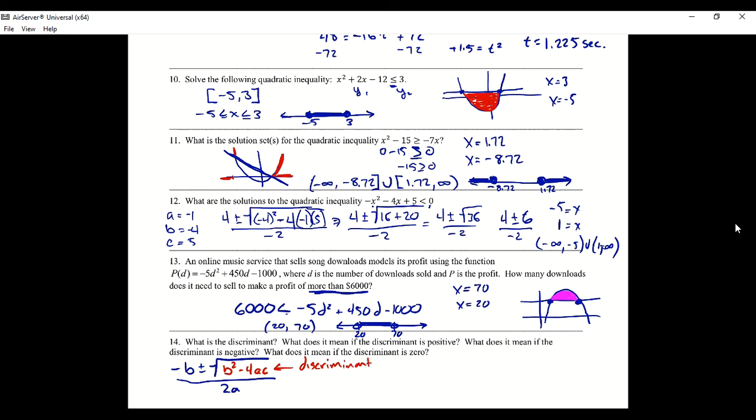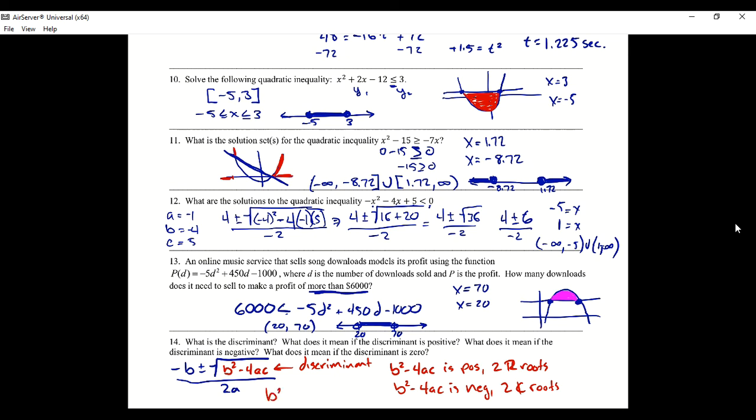And what it tells you is the type of roots we're going to have. So if b squared minus 4ac is positive, 2 real roots. If b squared minus 4ac is negative, 2 complex roots.